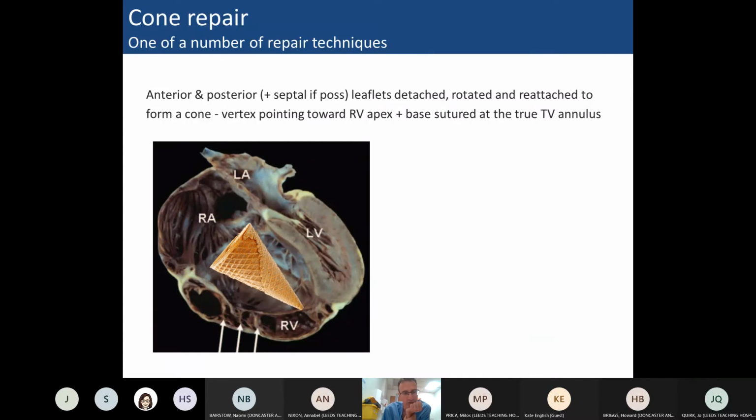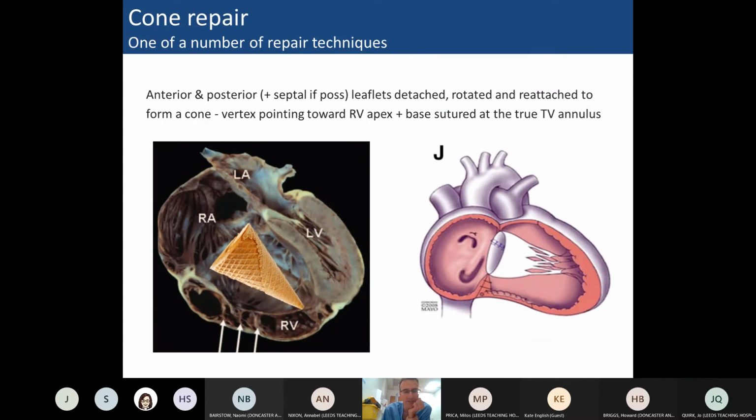So in terms of surgical technique, the main operation that's used to try and repair the tricuspid valve in Epstein's is called the cone repair. In this, you take the anterior and posterior leaflets and potentially the septal leaflet if you can. You completely detach them, rotate them around, and then reattach them.